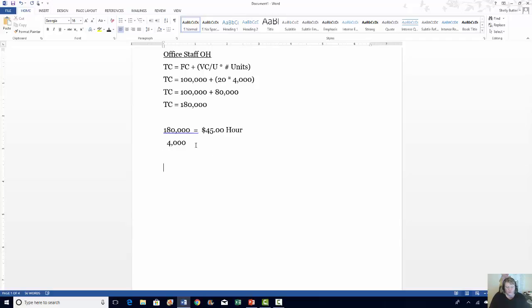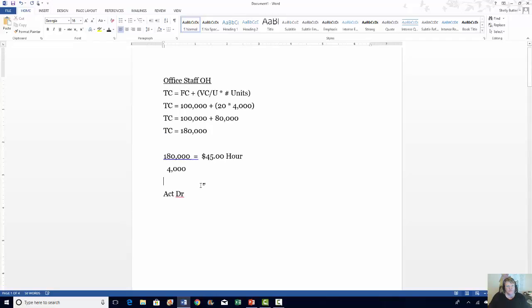Okay. So we've got the actual driver, and we have A and we have B. So our actual driver is 1,500 for A and it is 2,800 for B. This is looking pretty good.